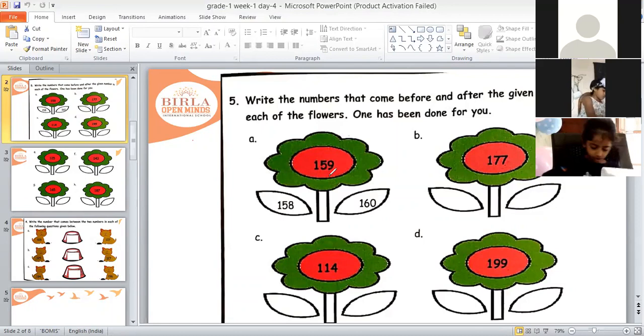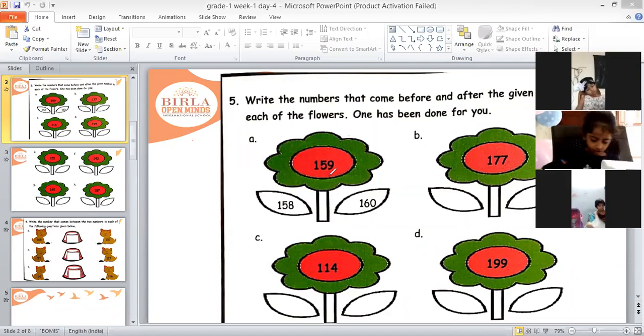Again I'm repeating, children, this is page number 10 of your math course book. Okay. Now if you will see this number, children, this number is 159. Now you have to write the number which comes just before 159 and just after 159. Okay.